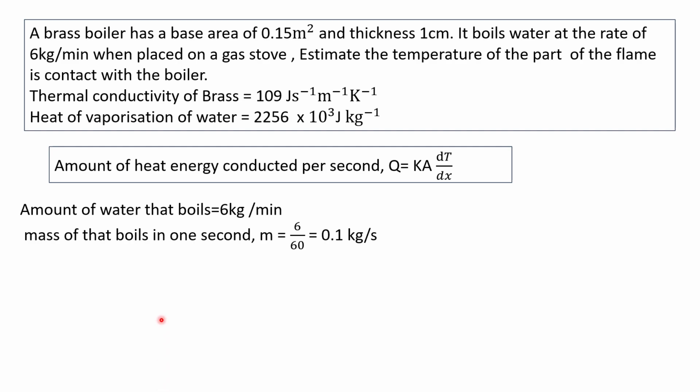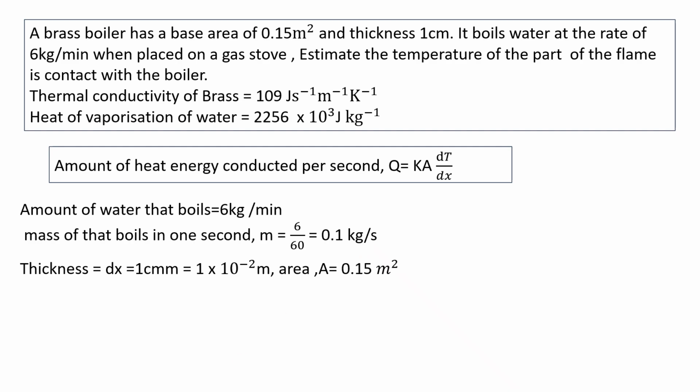Amount of water that boils is 6 kg per minute. To find the mass of water that boils in 1 second, m is equal to 6 kilograms divided by 60. So m is equal to 0.1 kilogram per second.